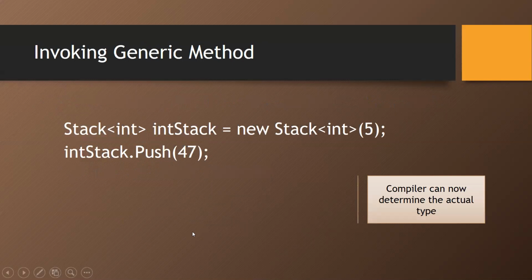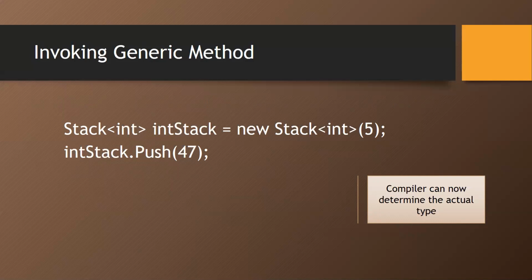So how do we know what that is? Well, it depends on when our class is instantiated or called, right? This line of code right here creates an instance of our stack. Since it uses a generic, we have to specify what data type we want to use. So right here we're saying create a stack using an integer data type.